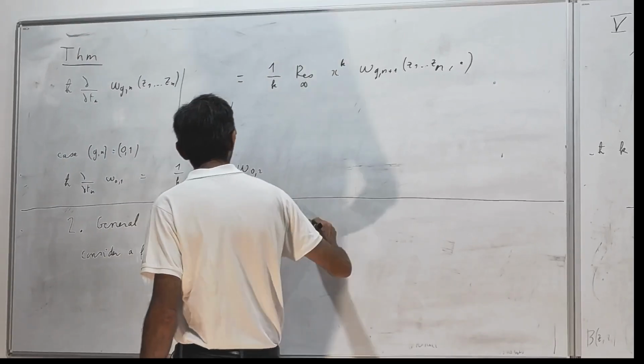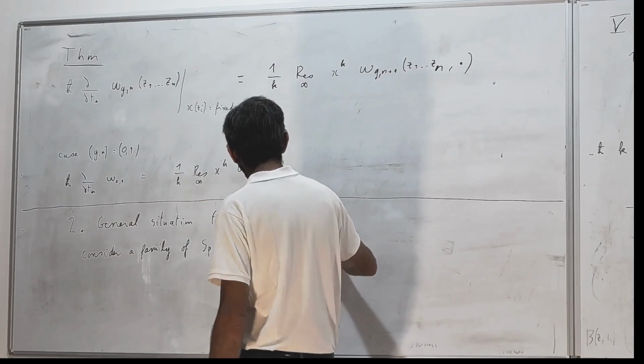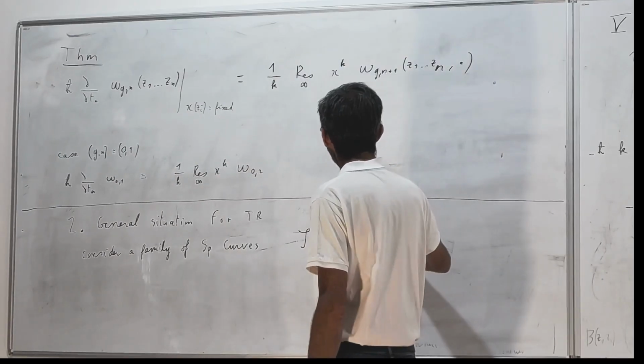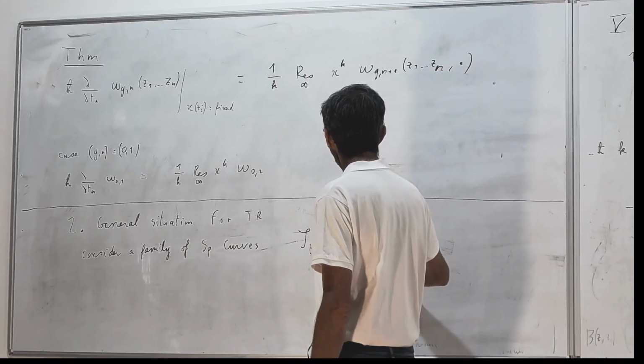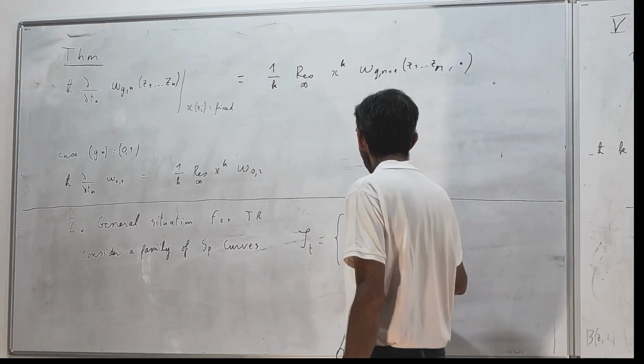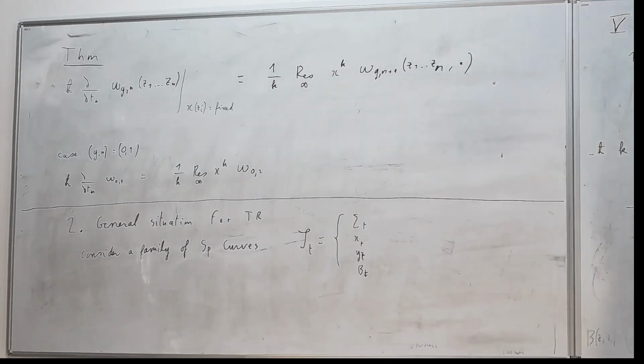Let me call it a family indexed by a time t, S_t. So it contains a surface, let me call it Sigma_t, and x_t, y_t, and the B index t. All of them may depend on time.